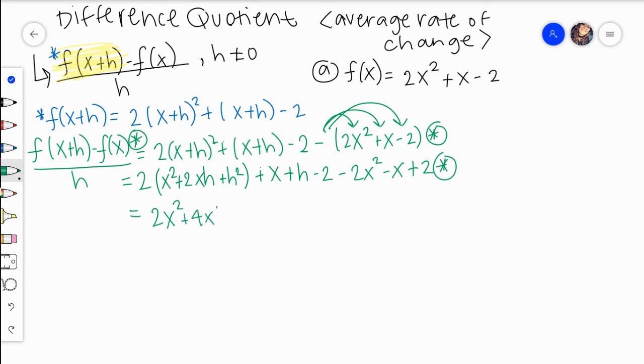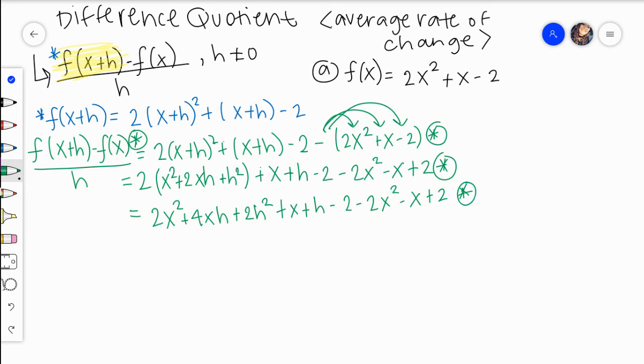Signs are the same, so it's positive xh with our coefficient being 4. And then I have 2 times h squared, so it'd be plus 2h squared plus h, plus x plus h, minus 2 minus 2x squared minus x plus 2, still only working on the numerator.